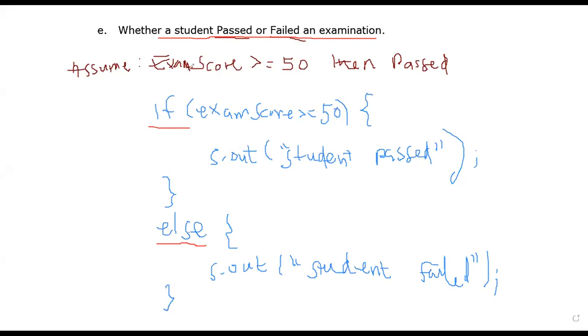If the condition is met, we print out student passed, else print out student failed. So this particular scenario is a straightforward one.